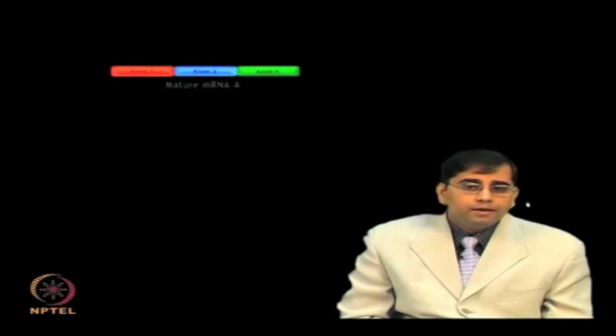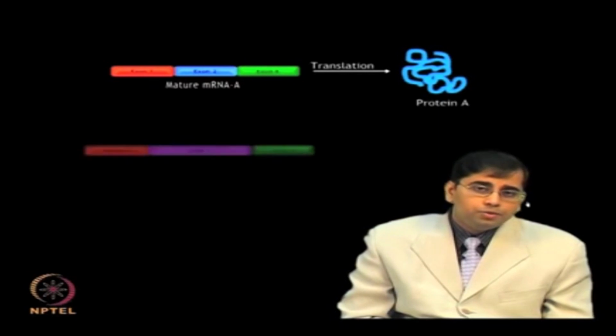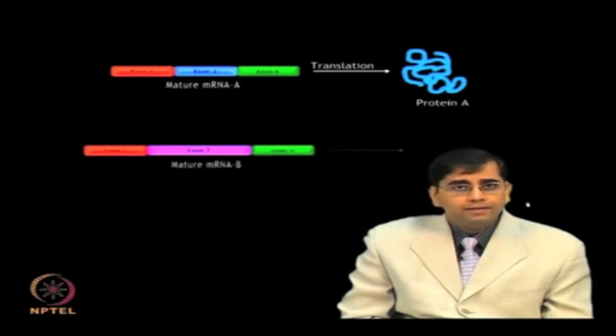The diversity of proteins encoded by a genome is greatly increased due to alternative splicing.